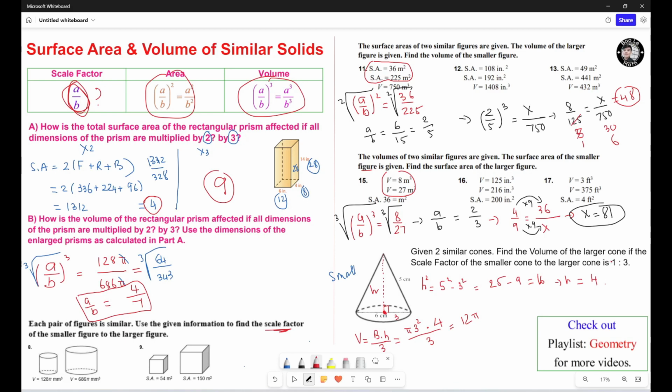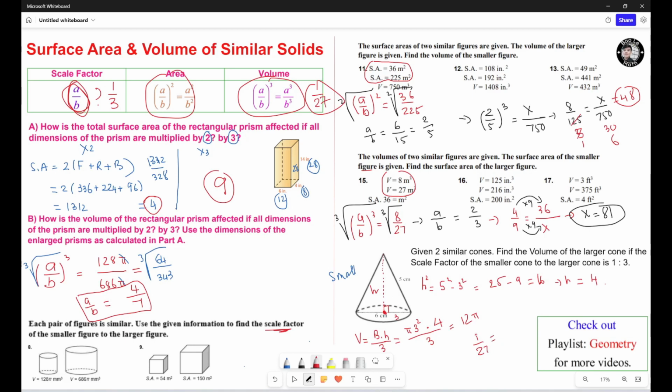Now, you have the scale factor 1/3. Okay? Now, you need to calculate the volume. So basically, you use the scale factor right here, 1/3. And then the ratio of the volume should be this one cubed. So it should be 1/27. Alright, keep that in mind. So it's going to be 1/27 equal, right?